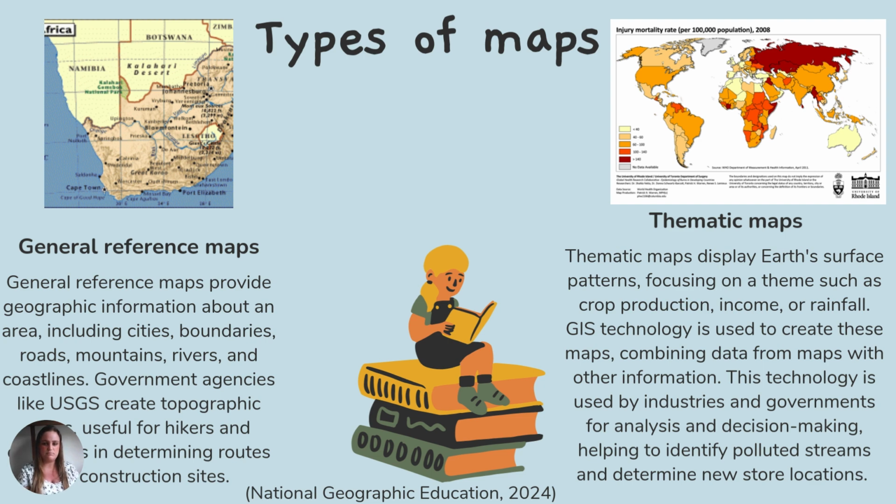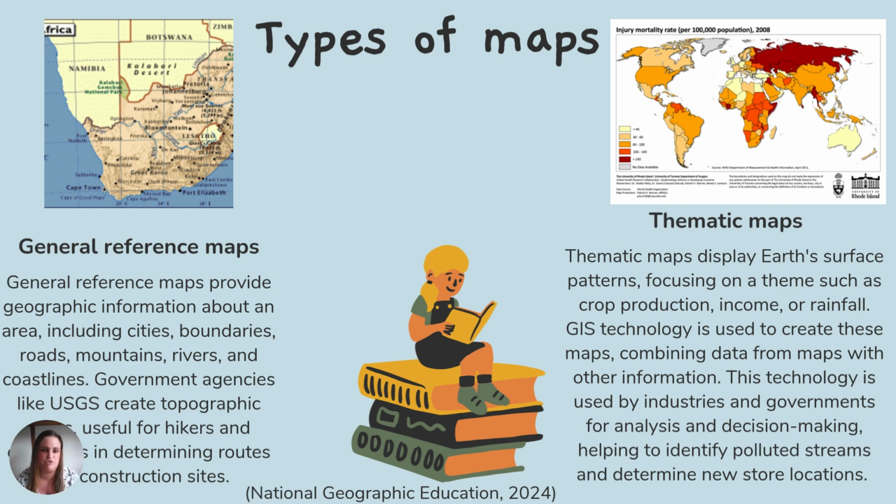And then we have our thematic maps. The thematic maps display Earth's surface patterns, focusing on a theme such as crop production, income, or rainfall.